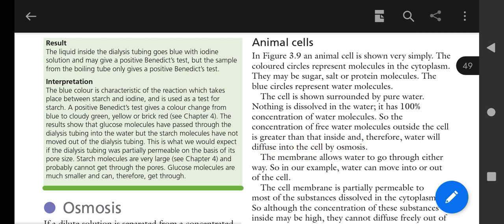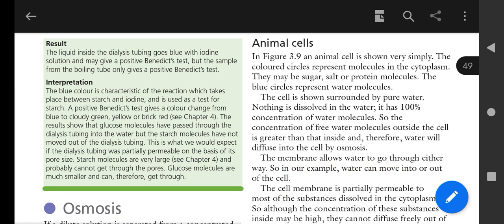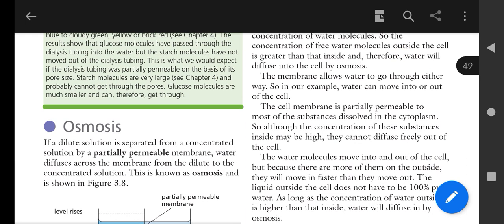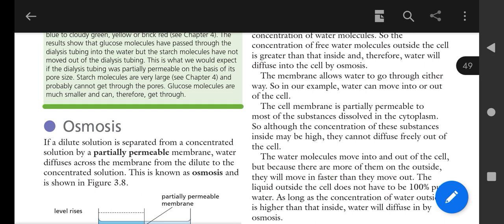The membrane allows water to go through either way. So in our example, water can move into or out of the cell. The cell membrane is partially permeable to most substances dissolved in the cytoplasm. Although the concentration of these substances inside may be high, they cannot diffuse freely out of the cell because the solute particles are larger than the holes present in the cell membrane.